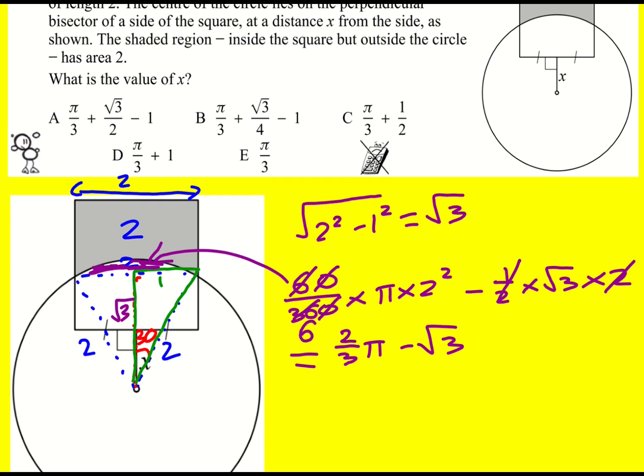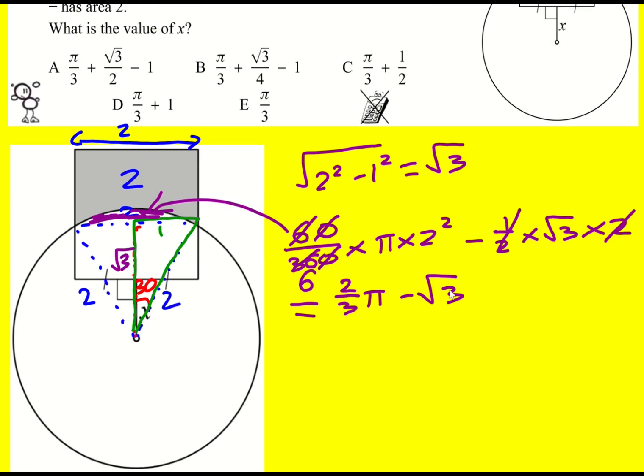But that's really good now, and we're actually nearly there. Because don't forget, we have this distance here as x. What that means is that this distance is going to be root 3 minus x.